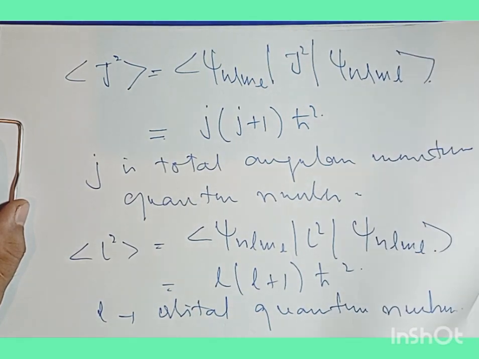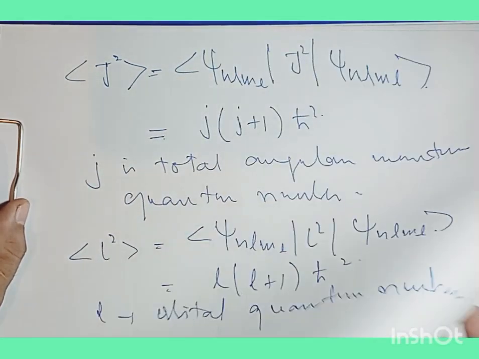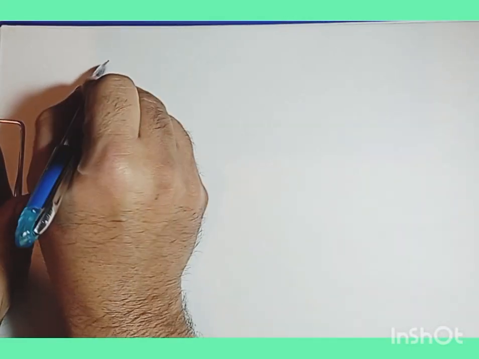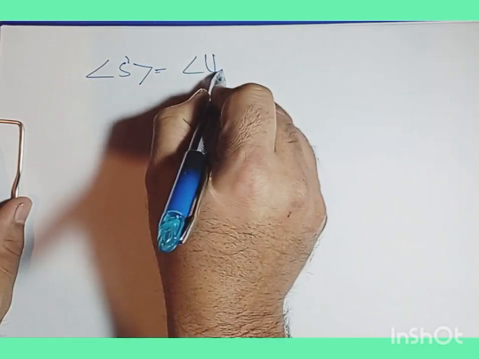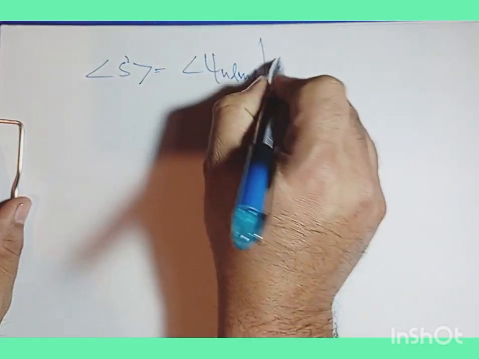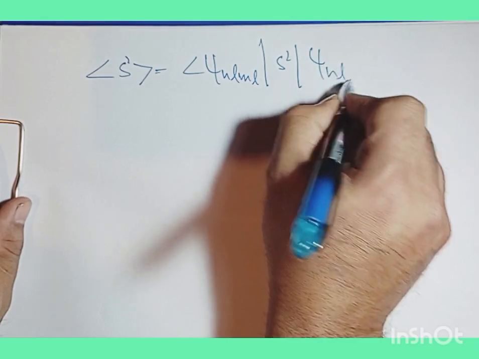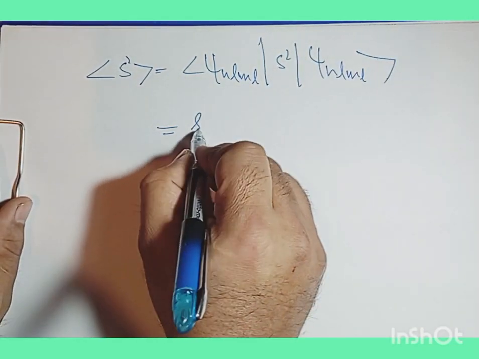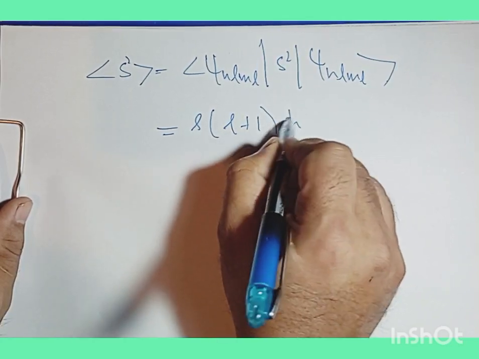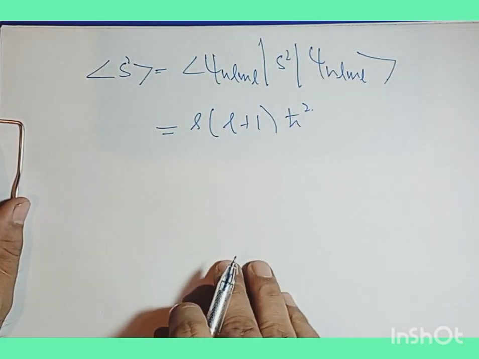And finally, for the expectation value of S square, we have psi n L m_L, S square, psi n L m_L. And the result comes out as S times S plus 1 h cross square.